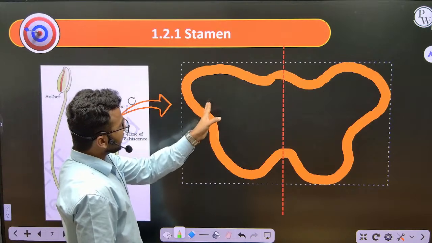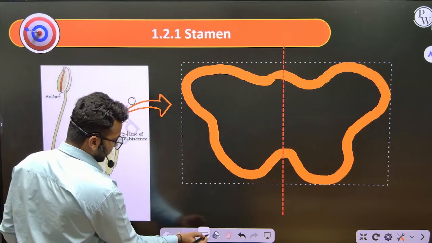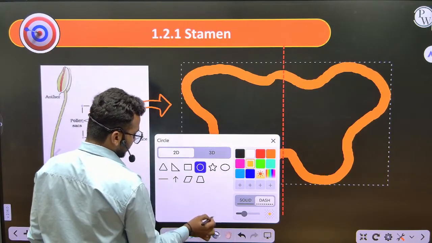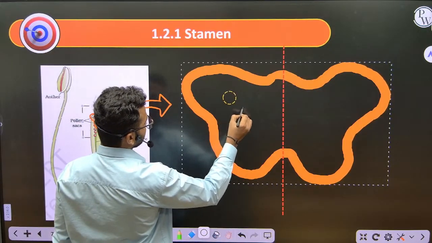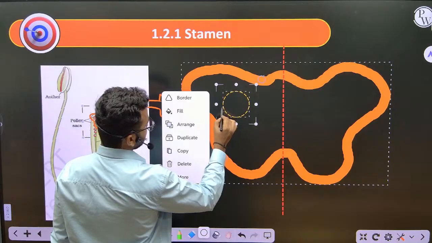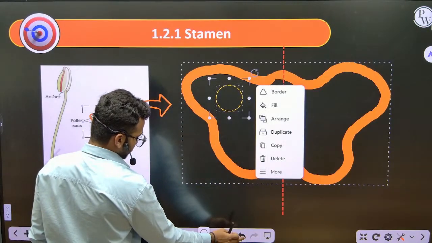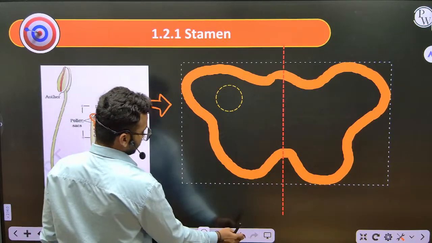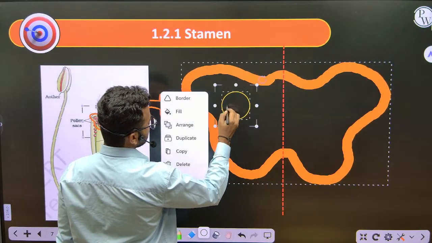And within that you will have sacs. As we have already discussed, sacs are nothing but small bags which are present within that. So these are the small bags which are present there.